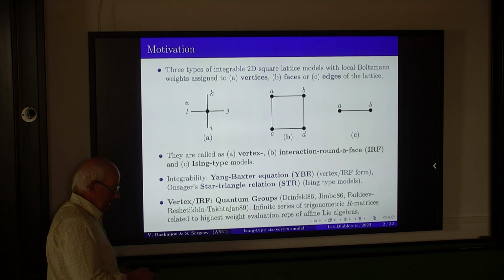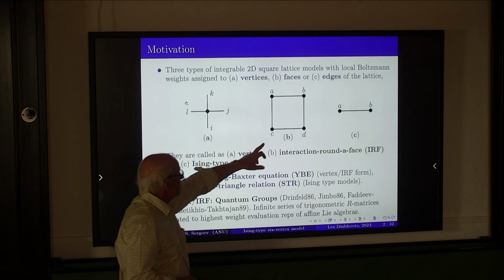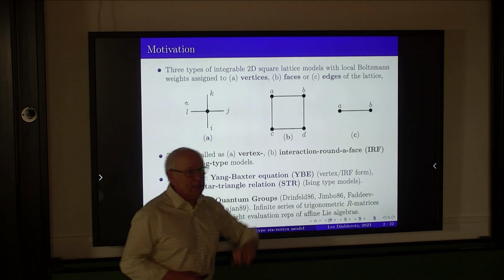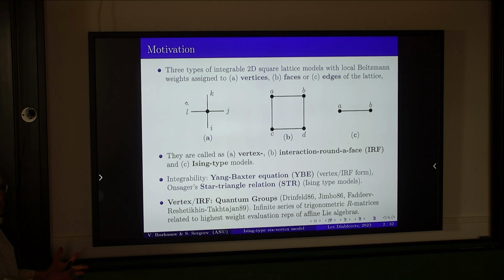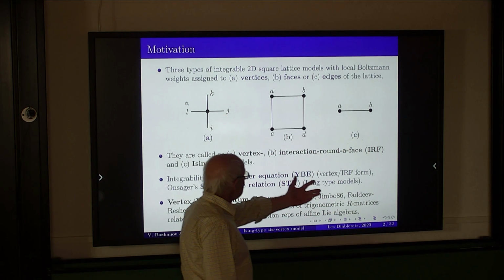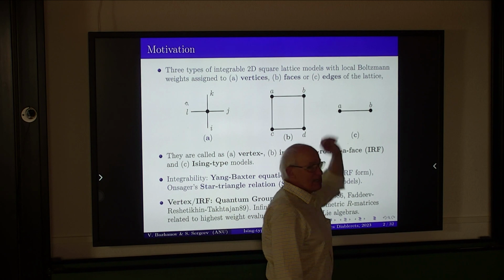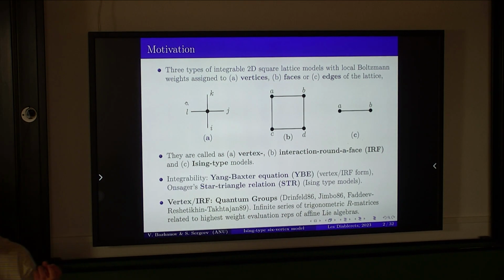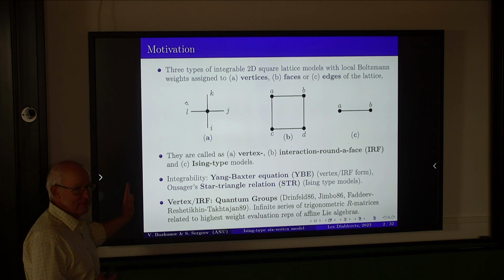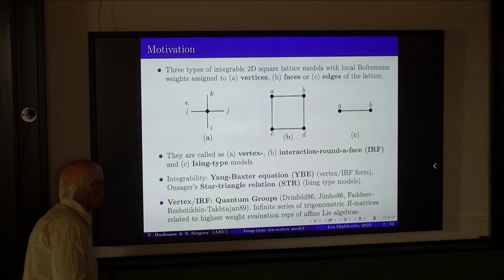In the second case, the spins are at the corners of the square face, and the Boltzmann weights are assigned to the face. And the third case is the simplest one, where the spins interact through an edge, like in an Ising model. So we call this case an Ising-type, or edge interaction, model.